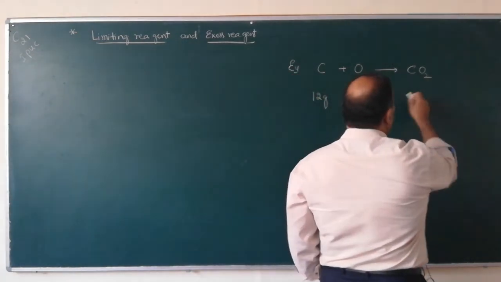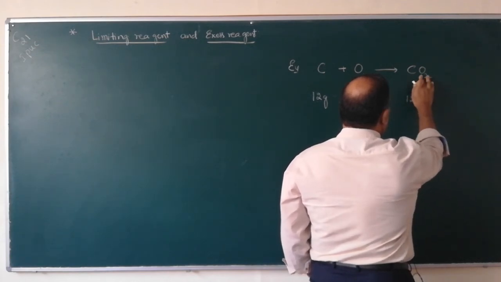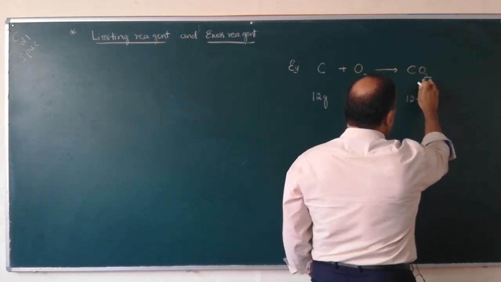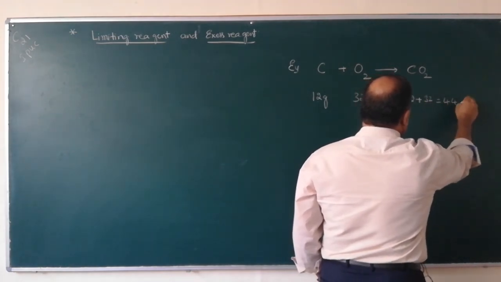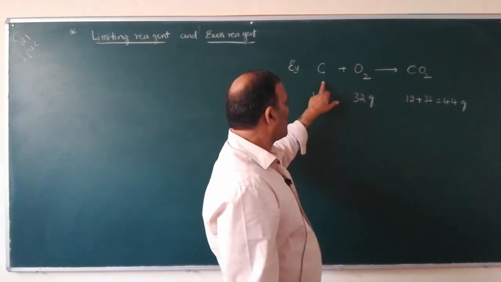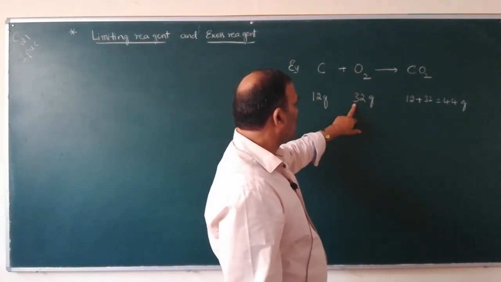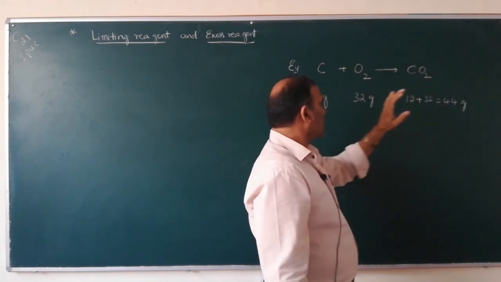So how much carbon dioxide will you get? Atomic mass of carbon is 12 plus mass of oxygen is 16 into 2, that is 32, which equals 44 gram. So 12 gram of carbon combines with 32 gram of oxygen, giving 44 gram of carbon dioxide.